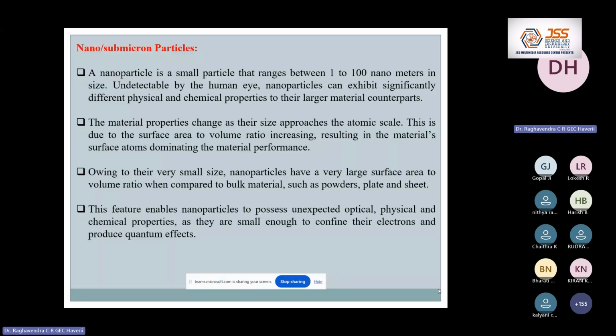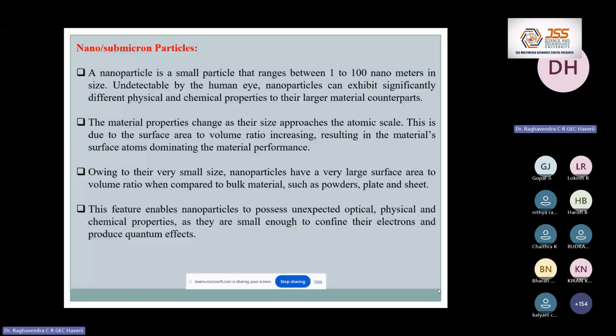It may be ceramic, or oxide, or nitrides, or some composite, or metal. The material's properties change as their size approaches the atomic level. For example, take copper as a bulk material, and the same copper at the micron level, or in the nano level.